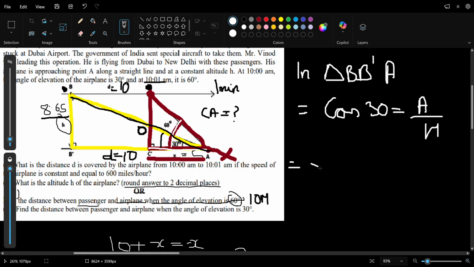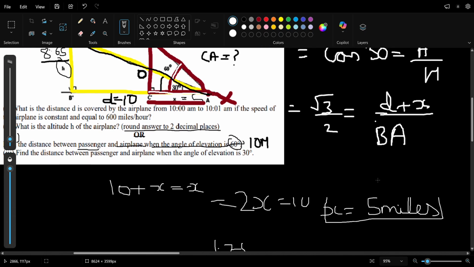Now cos 30 is root 3 by 2. Root 3 by 2 is equal to adjacent. Adjacent is d plus x. D plus x by hypotenuse is BA, that's the distance of the airplane and the passenger train, and the angle of elevation is 30. So B and A, BA.